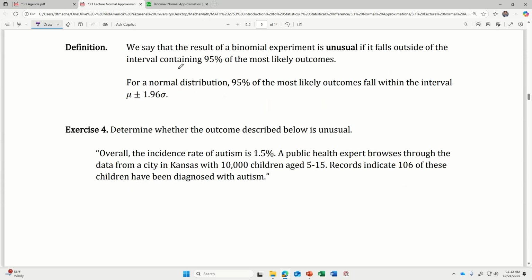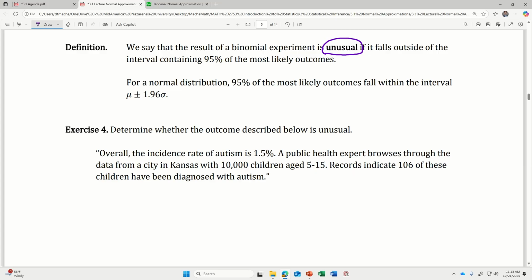Okay, what does this say? We say that the result of a binomial experiment is unusual. So there's a vocabulary word. We say that it's unusual as a result if it falls outside of the interval that contains the 95% most likely outcomes. 95% of the most likely outcomes.